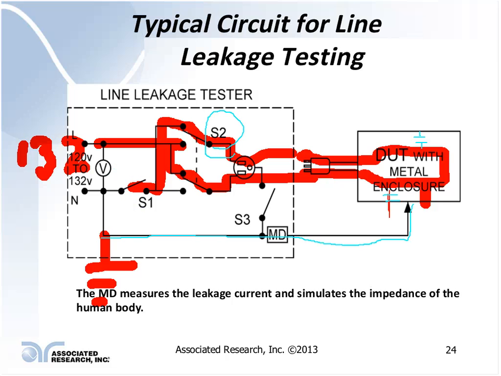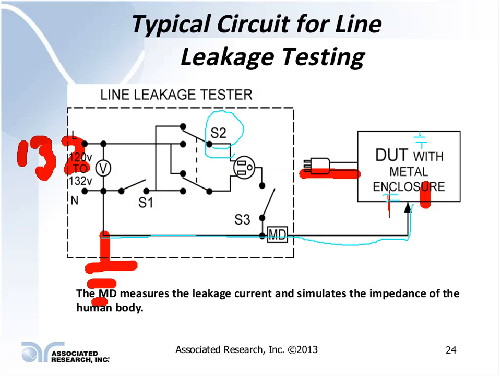So an open neutral condition basically gives me worst case condition on leakage current flowing through my product. Changing the polarity of my input in this particular case would not make any difference as long as my neutral side of the line is open.